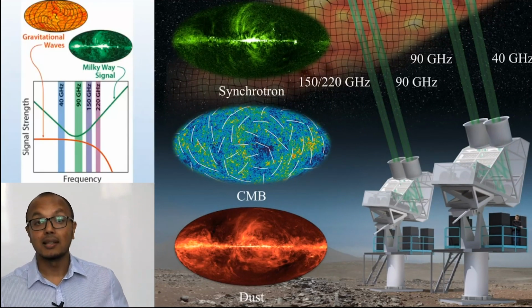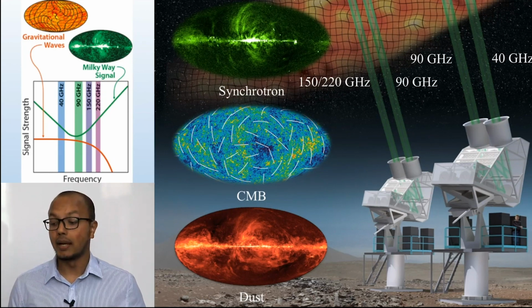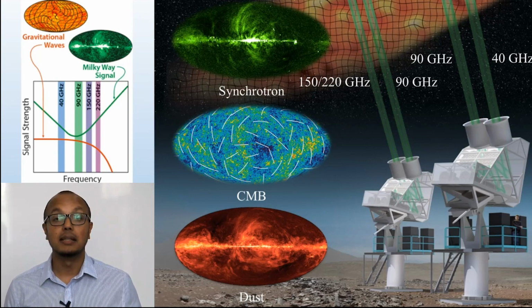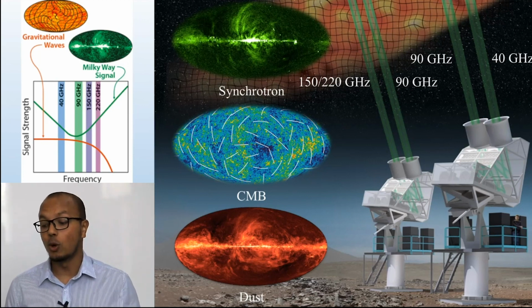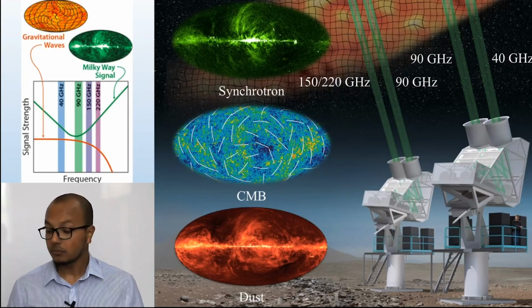That's why CLASS has 1 telescope at 40 gigahertz making the synchrotron map, 1 dichroic telescope at 150-220 gigahertz that maps the dust, and 2 telescopes at 90 gigahertz that are optimized for CMB observation at minimum foreground emissions.